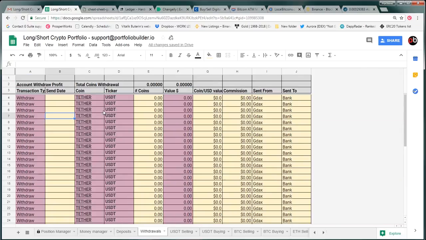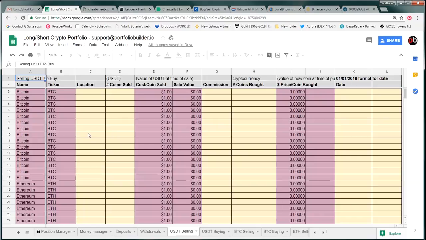And withdrawals do count as part of profit taking in your overall position manager. So again, the send date, the number of coins, the coin value will always be 1. Commission, if there is a commission, you can put that. It should be free if you do it right with Coinbase Pro, and again, that is covered in another tutorial.